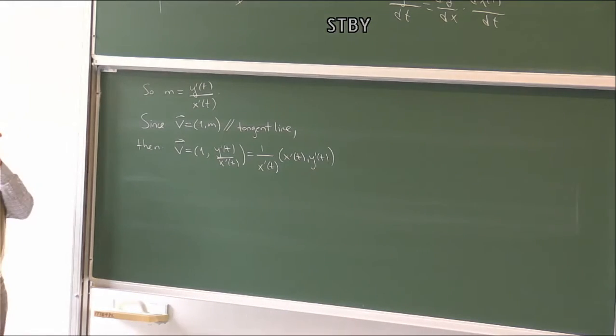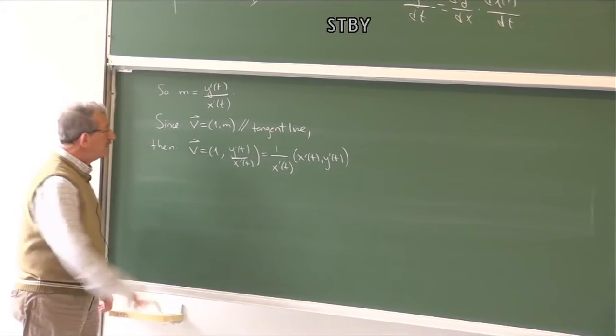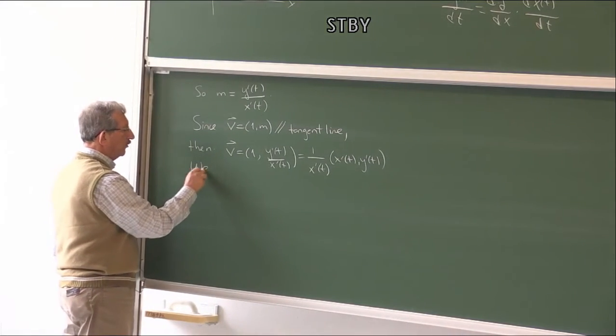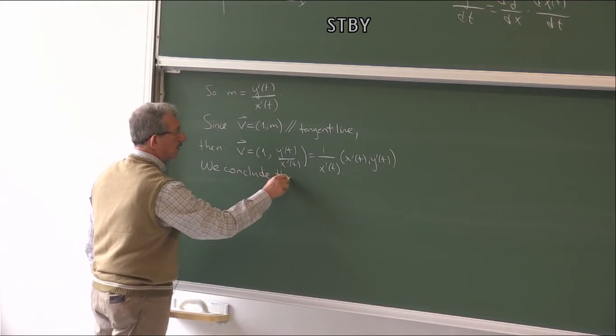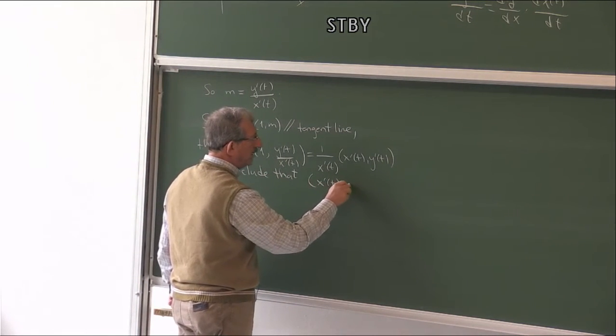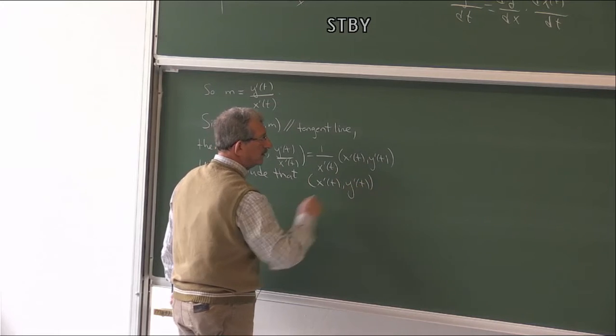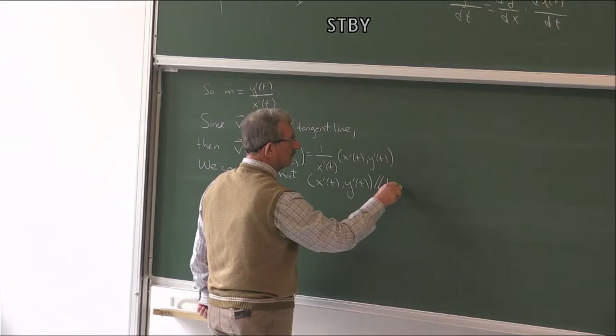Now, because v is parallel to the tangent line, we conclude that the derivative at any point is parallel to the tangent line.